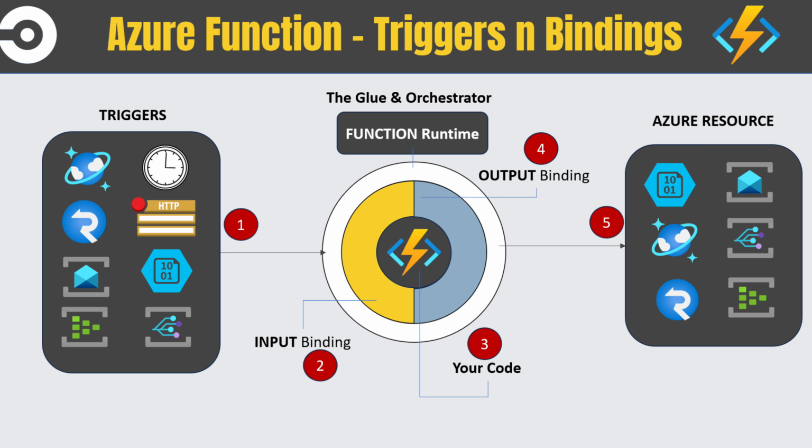You could also send a message to the Service Bus queue. You can write to Event Hubs, or you can send an event back to Event Grid. So what you see on the left are the triggers that could trigger your Azure function, and what you see on the right are the destinations where the data could end up after executing your function.